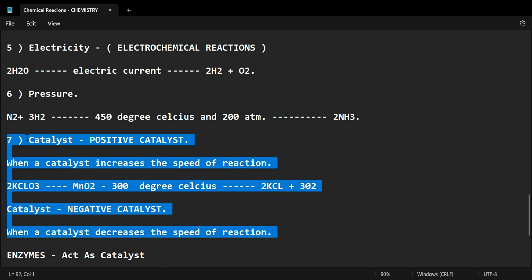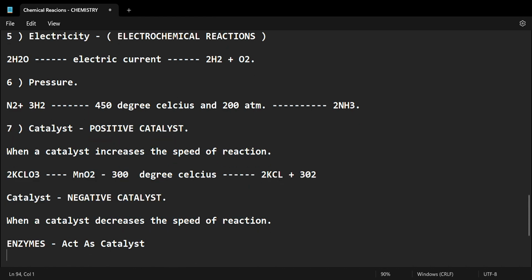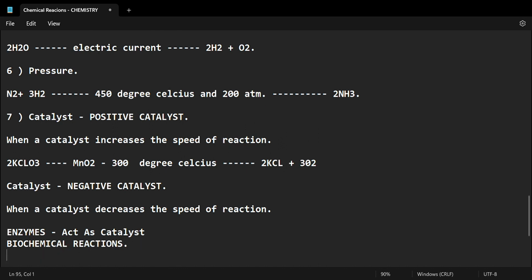So these reactions can't happen outside our body, right? These are biochemical reactions, so these happen in our body. Now, for example, the process of digesting food is done by enzymes.